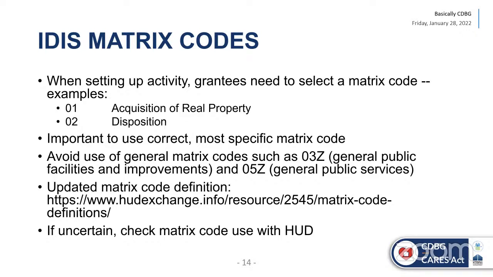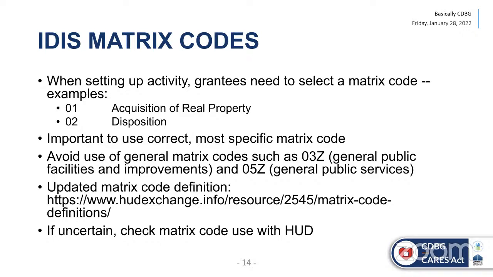For example, if you provide services for senior people, use A.5.2 senior services instead of the general public services code. We do have matrix code definitions posted on HUDexchange.info. I encourage you to use that as a reference when you set up an activity and choose a matrix code.